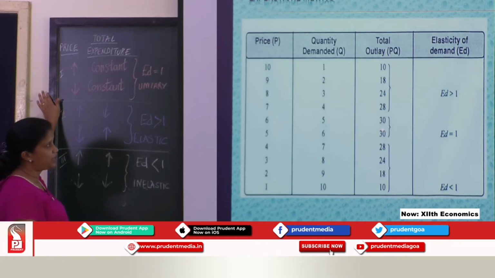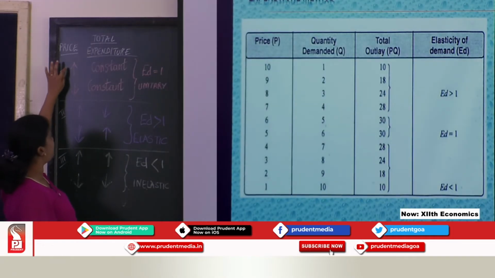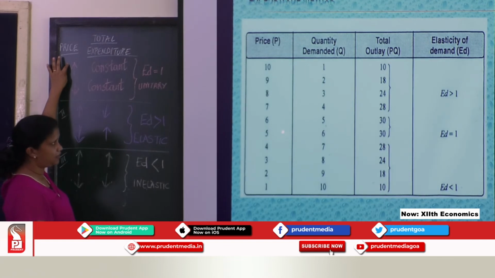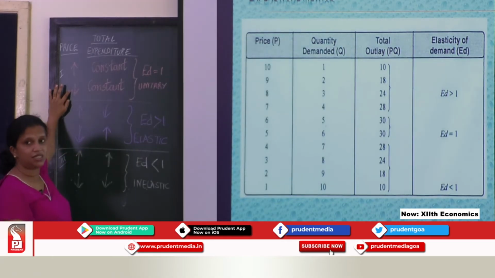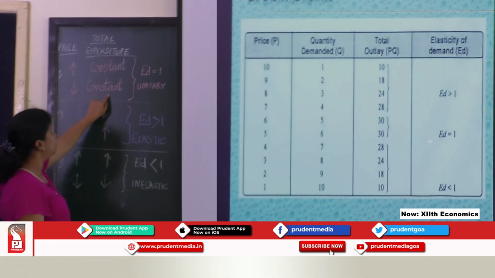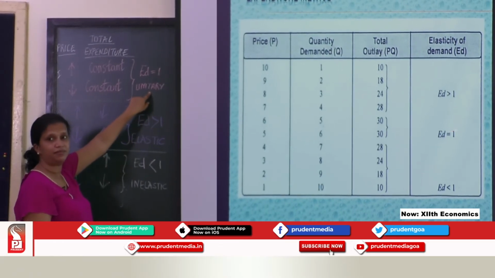Now, what happens when the price increases? Expenditure still continues to remain 30. Although the price has increased, or if the price decreases, do you observe that the expenditure is remaining constant? Yes. So, this shows that the ED value is 1, which is unitary elastic demand.